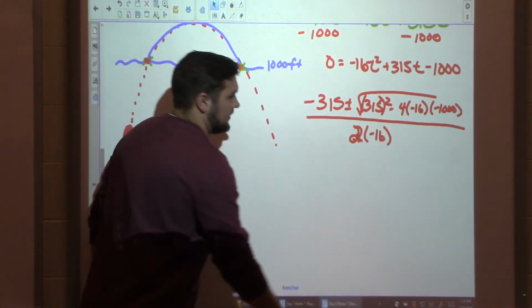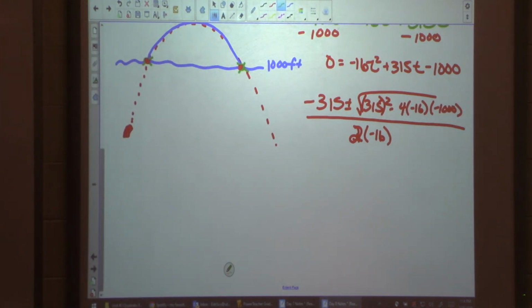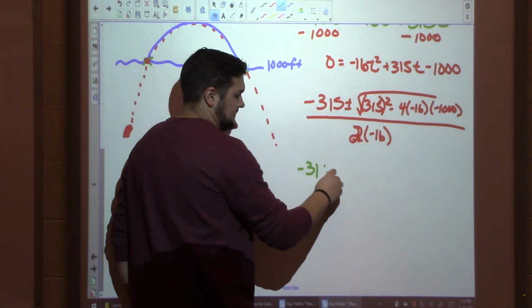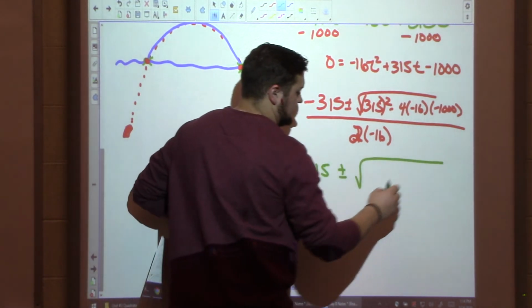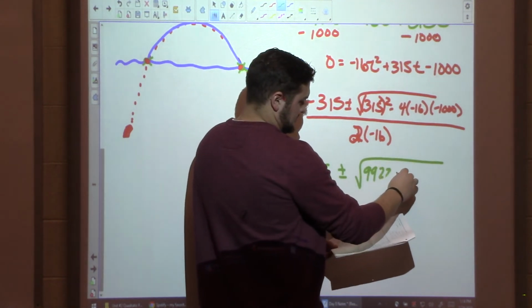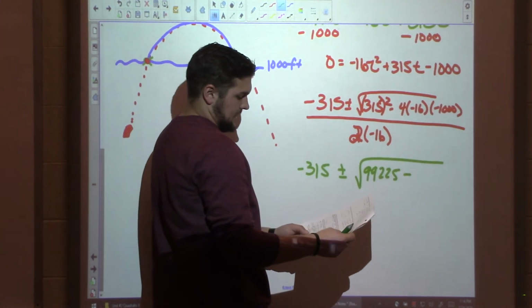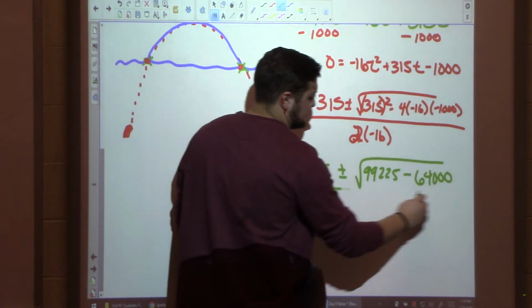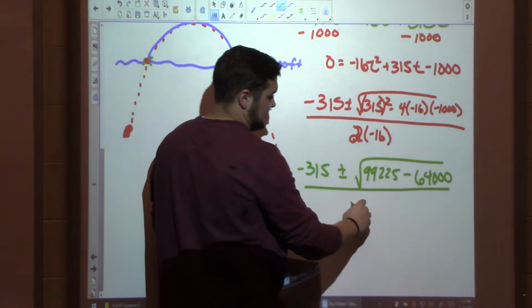So, once you have it set up, it's all about just doing calculations. So I get negative 315 plus or minus the square root, oh, some big numbers, 99,225 minus 64,000, over negative 32.